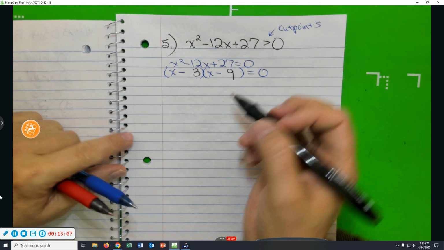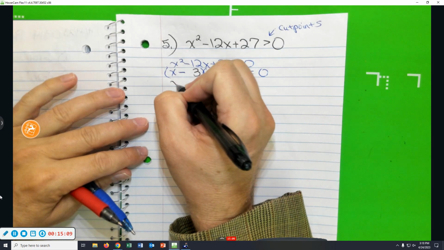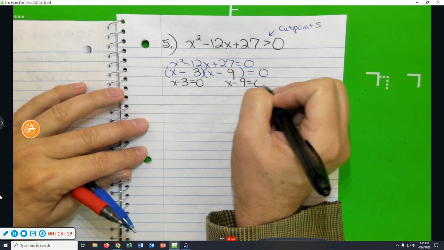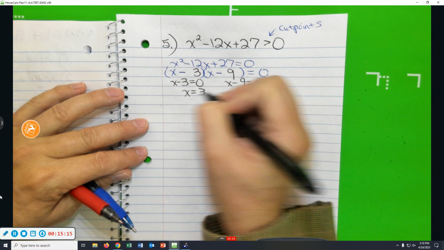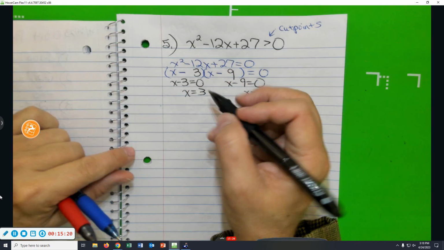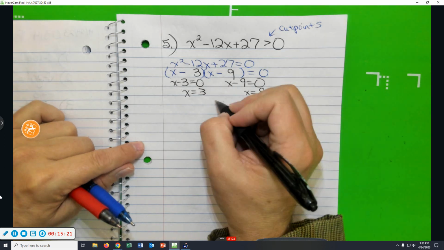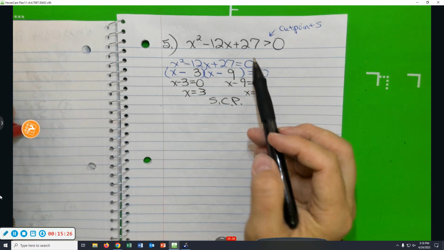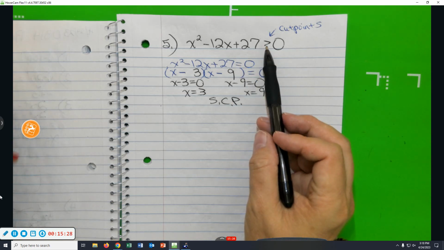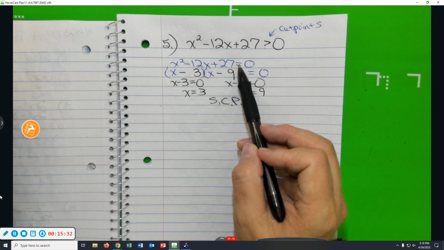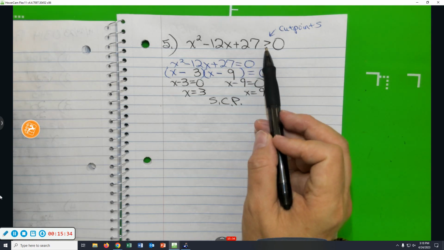Okay. And that gives us 2 cut points. What are those 2 solution cut points? I agree with positive 3 and positive 9. And those are my solution cut points. For solution cut points, you look at the original inequality. These numbers make the left side equal the right side.